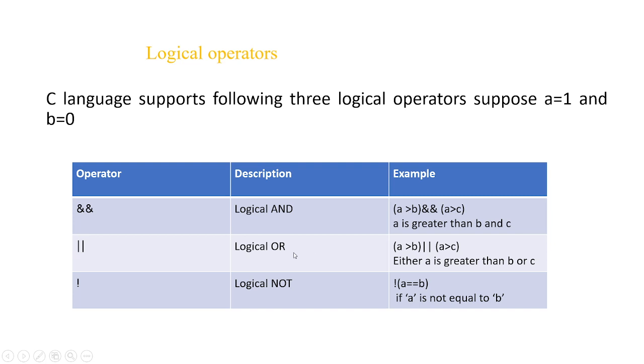Logical OR is also used to generate complex logical expressions. See here, a greater than b or a greater than c, an either-or representation. Negation is used as a not equal to b, that means if a is not equal to b, then this condition will be evaluated.